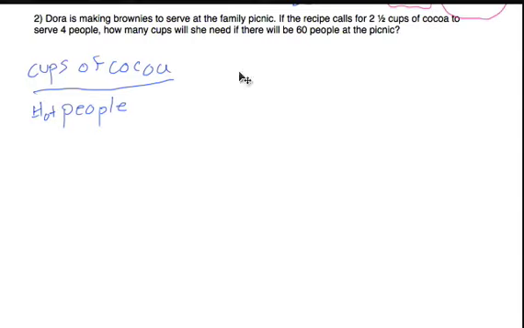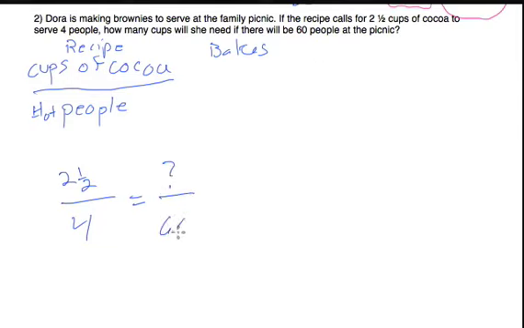So cups of cocoa: this will be the recipe, and this will be what she needs when she bakes it. So the cups of cocoa in the recipe call for 2.5 cups for every 4 people, and that is in proportion to how many cups she needs, which we don't know, for 60 people.